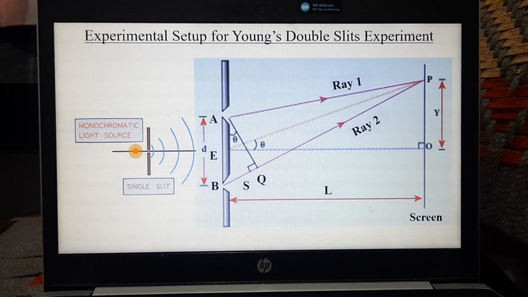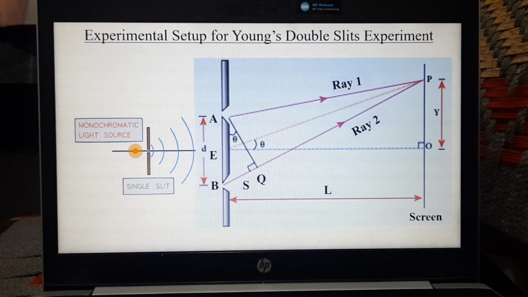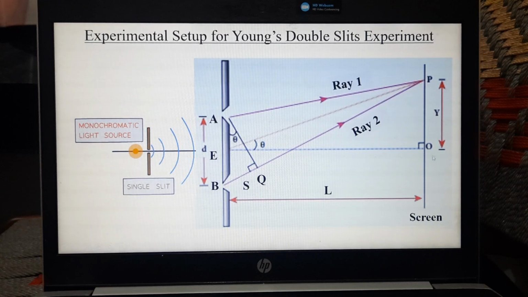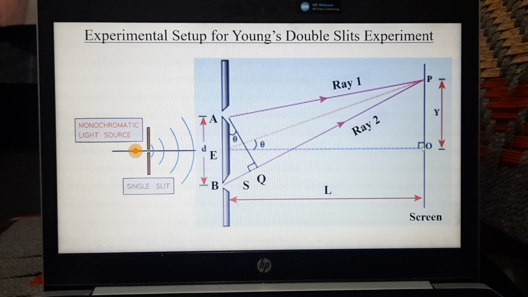So the whole experimental arrangement, as you are looking here in this diagram, is kept very symmetric, such that the interference pattern over here upon the screen will be symmetric as well.